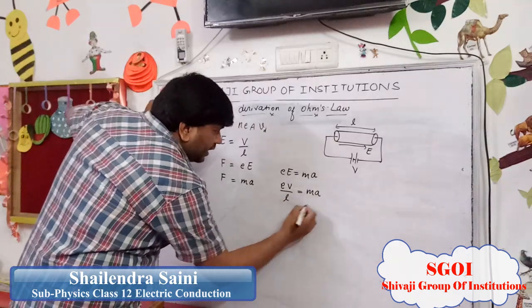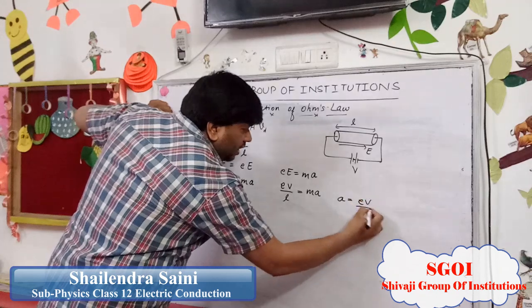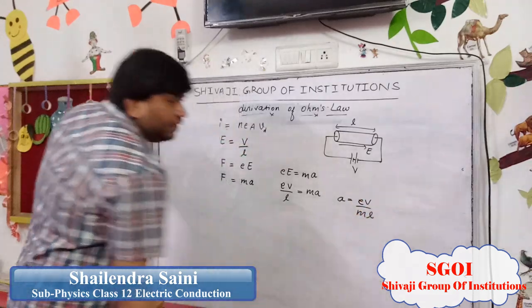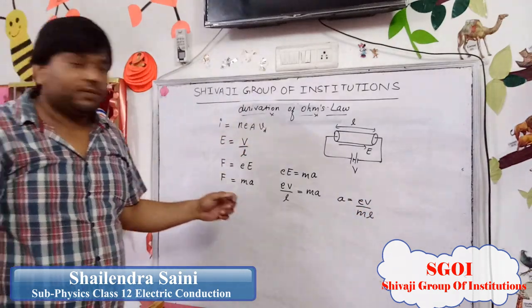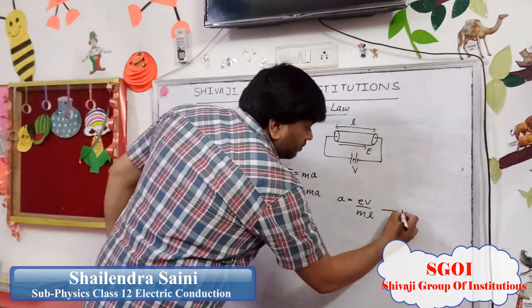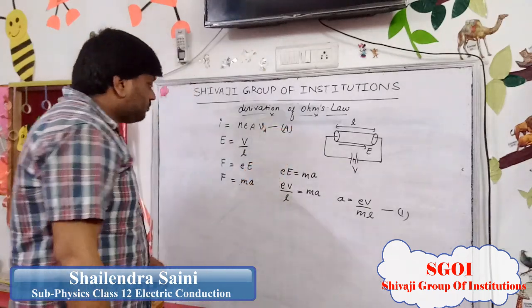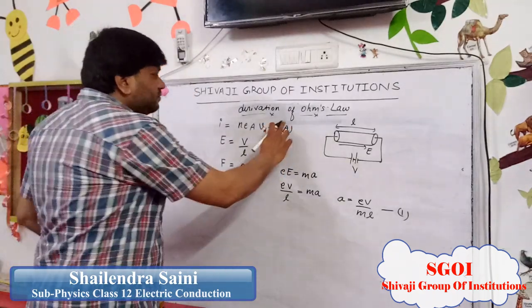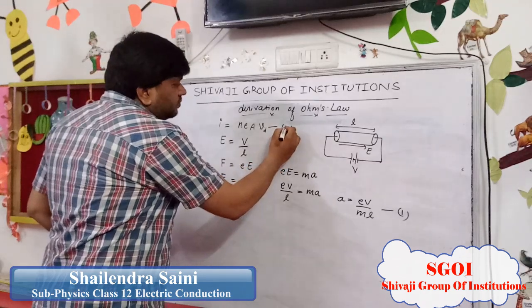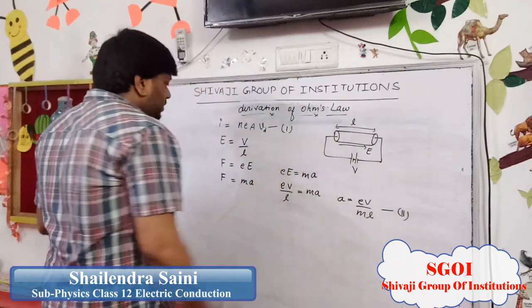From here the value of a comes: a equal to eV upon mL. So this is our equation number first, and we are placing this at equation number 8.